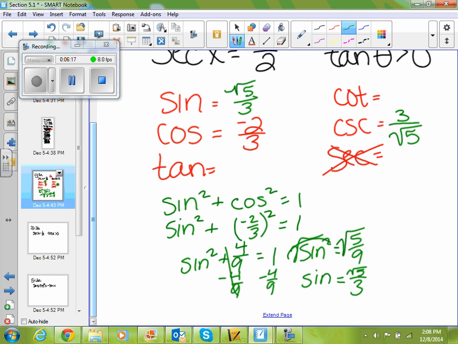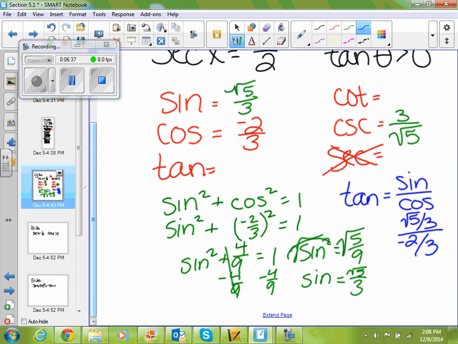So then the last ones that I have to figure out are tangent and cotangent. And I can find tangent by knowing that tangent is sine over cosine. So all I need to do is take my sine and divide it by my cosine. So my sine is square root of 5 over 3. My cosine is negative 2 over 3.